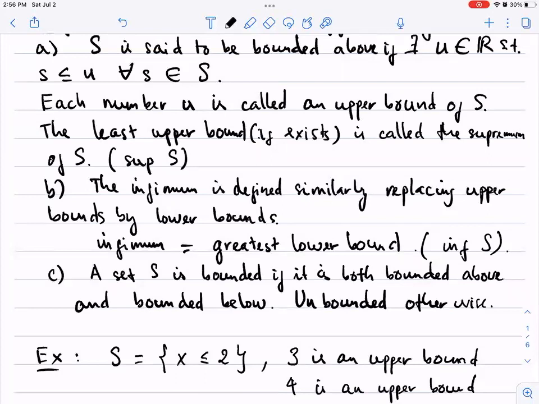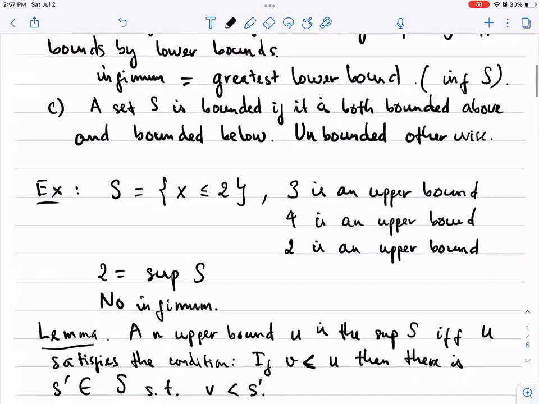Part C says that a set S is bounded if it is both bounded above and bounded below, and it's called unbounded otherwise. Here is an example. Let's consider the set of all real numbers smaller than or equal to 2.